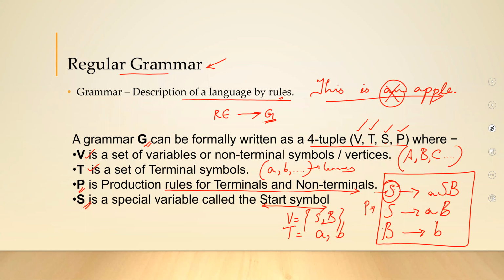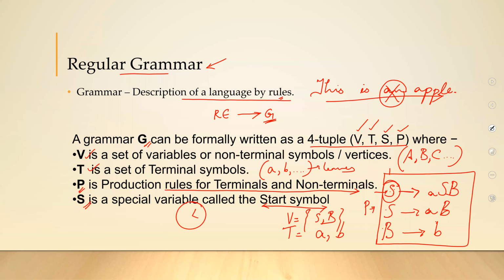So this is what you mean by a regular grammar. You will have vertices, your LHS. You will have terminals, your small letters or the leaves of the tree. And then you will have a set of production rules and you will have a start symbol. Now imagine you have a language.